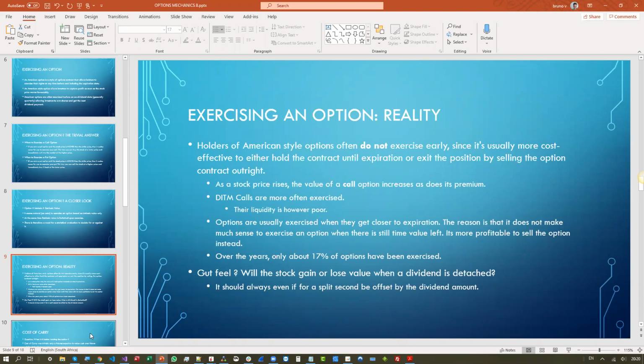Again, I'm not going to be going into exercising strategies, but a lot of people look at dividend dates in the past and look at how the option and the underlying behaved when the dividend was detached, and they try and profit from those discrete events at particular dates. The good thing also is that those dates are known well in advance, so that you can prepare for that strategy.